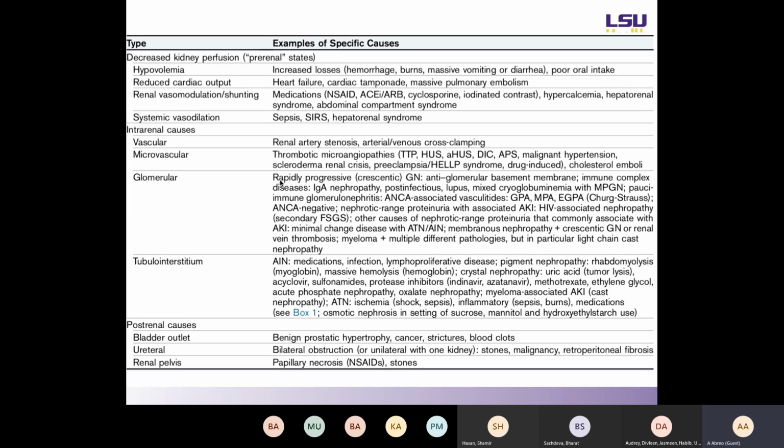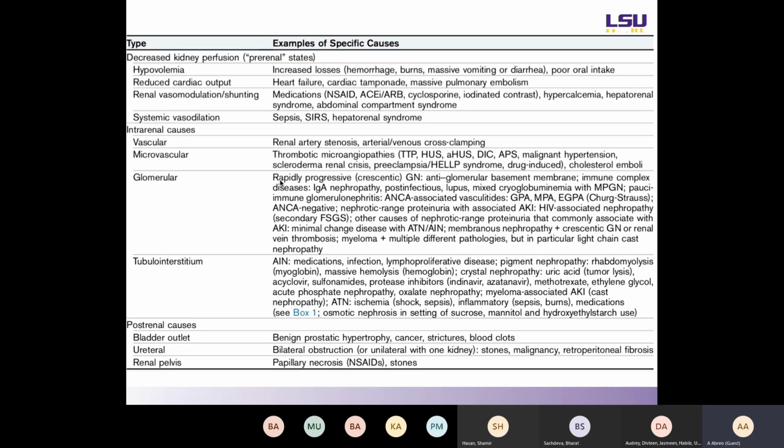Hepatorenal syndrome is a syndrome of also perceived decrease in blood flow based on splanchnic vasodilation, and there are different theories for why that occurs. Compartment syndrome in our patients that are post-op or have ascites, and those with systemic vasodilation.